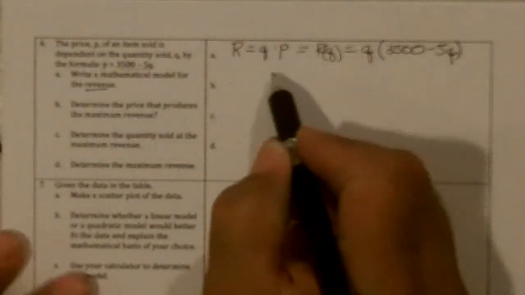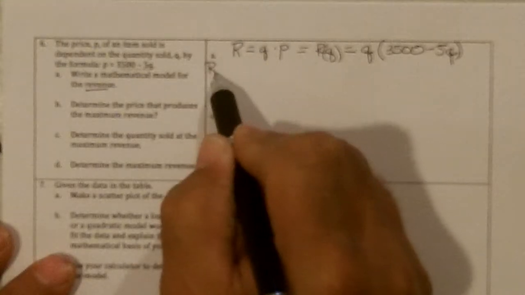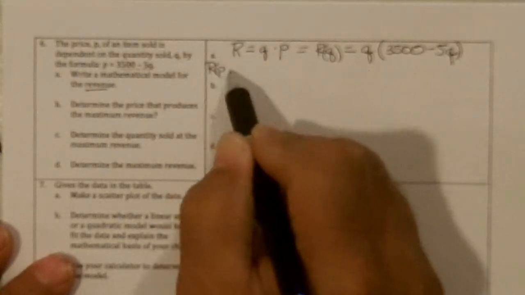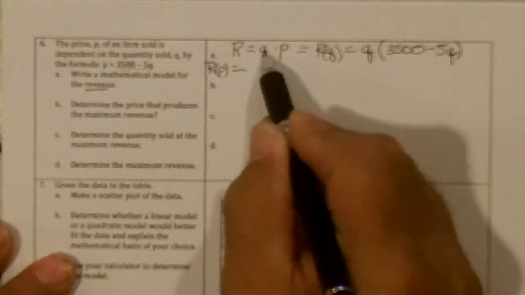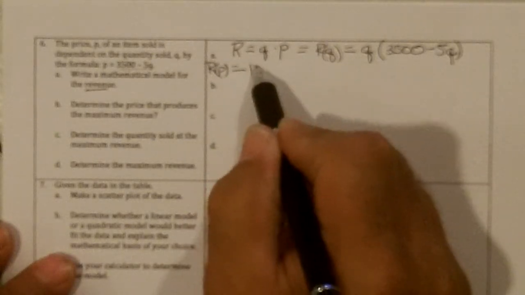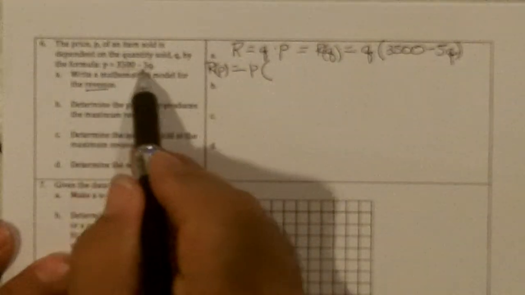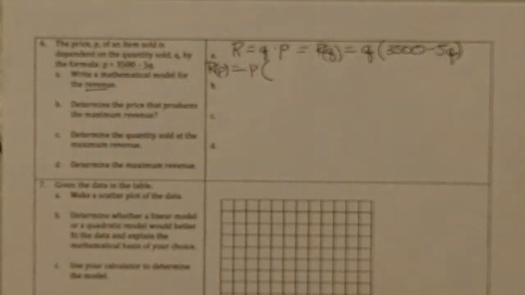Now, if I asked for a revenue function that was a function of P, then I would have to replace the Q and leave the P, so I'd have the P times, and I would take this equation and turn it around so that it has Q by itself, and I want to show you how to do that.